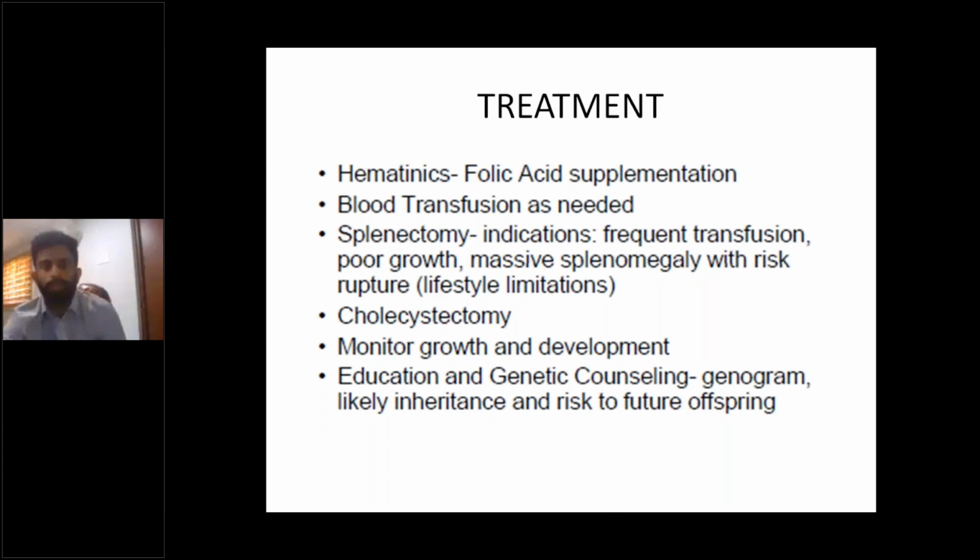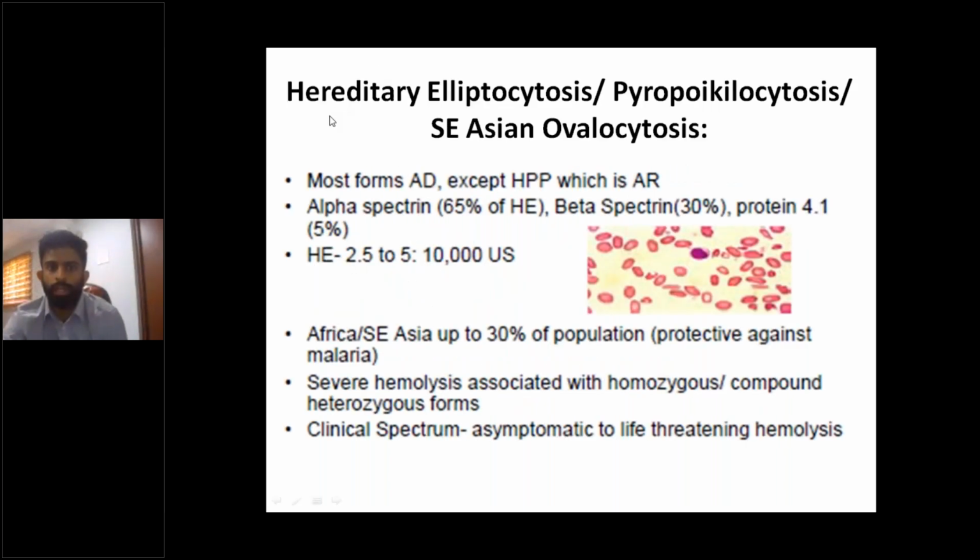So the last one is hereditary elliptocytosis or pyropoikilocytosis, or Southeast Asian ovalocytosis. Most forms are autosomal dominant except hereditary pyropoikilocytosis, which is autosomal recessive. Alpha spectrin is involved in 65% of HE, beta spectrin in 30%, and protein 4.1 in 5%.